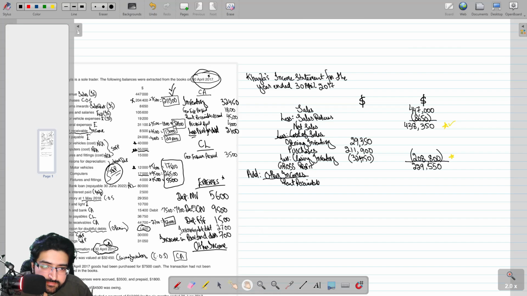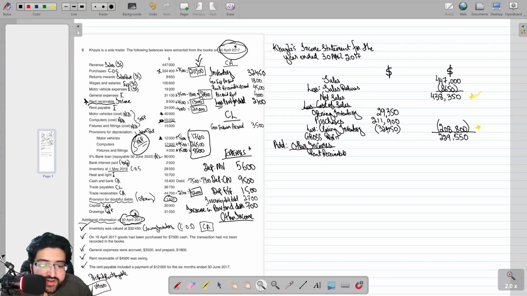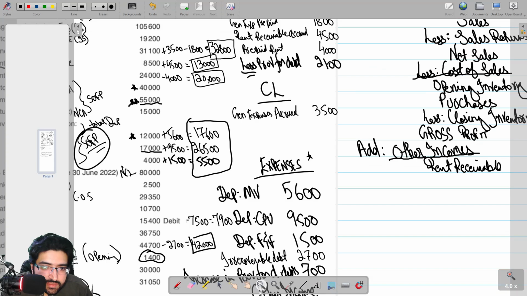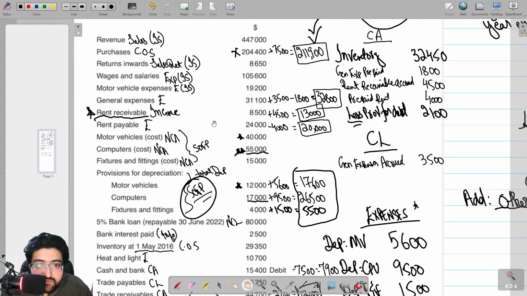Let me zoom this out. What's the value of rent receivable? The value of rent receivable after making the adjustment to it is 13,000. So I have to use the new value. Remember, why did we make the changes to the trial balance? So that we can use the new values or the actual accurate values. That's why we make adjustments.